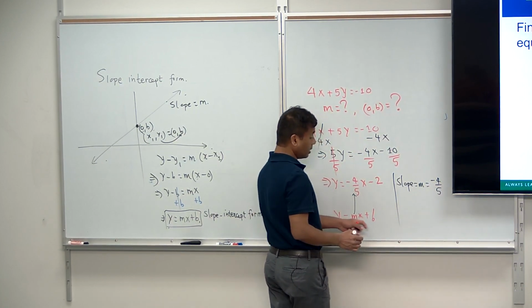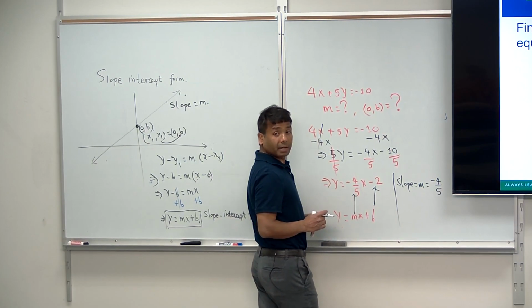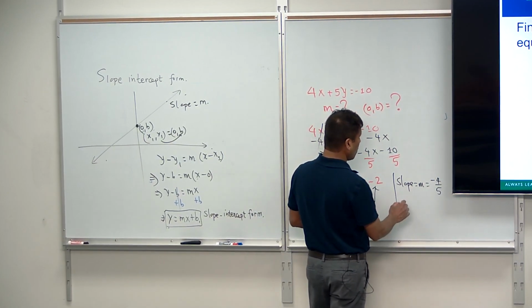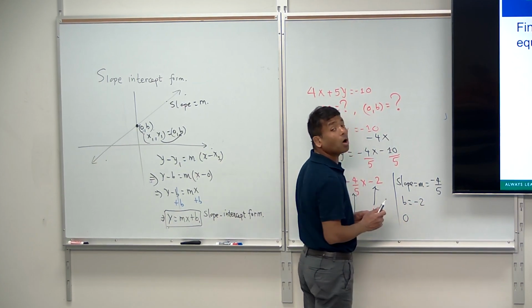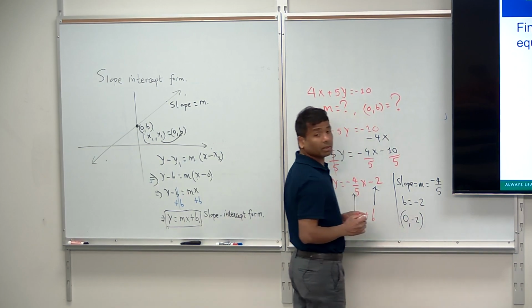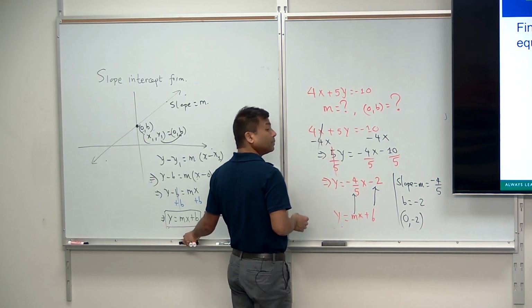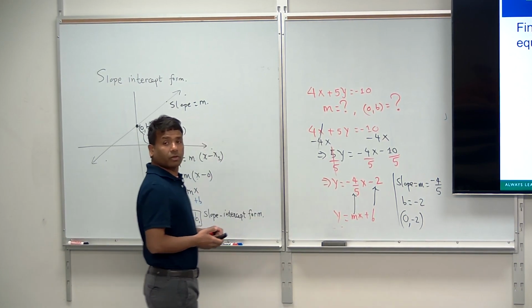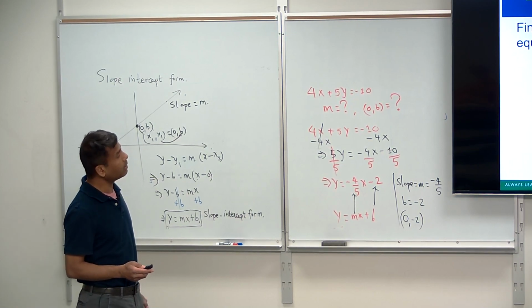And what is the y-intercept? What is the value of b? Negative 2, right? So b equals negative 2. If you want to write it in the form of ordered pairs, the y-intercept will be (0, negative 2). So this is your y-intercept. Any questions so far? So far so good? Good.